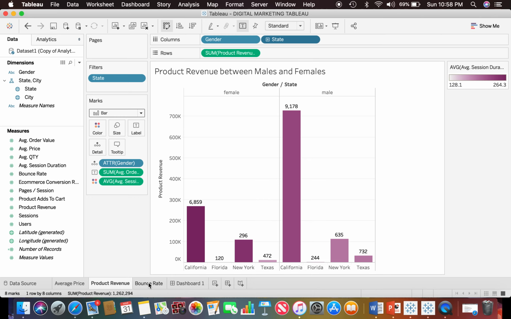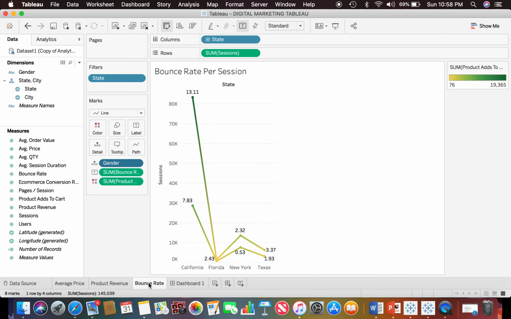On the third sheet, which was actually my favorite sheet that I created, again I wanted to split it up between males and females because I thought that was a very important factor. This shows the amount of sessions done between males and females. I kept the same states: California, Florida, New York, and Texas.